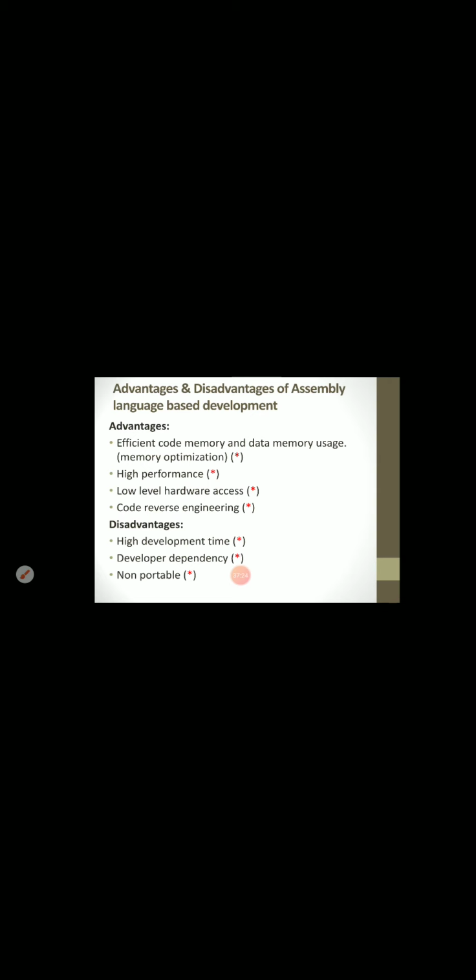If you want to access all of these, we need that kind of approach, and that approach is provided by assembly level language. That means you can reach any low level part of your hardware in this programming.